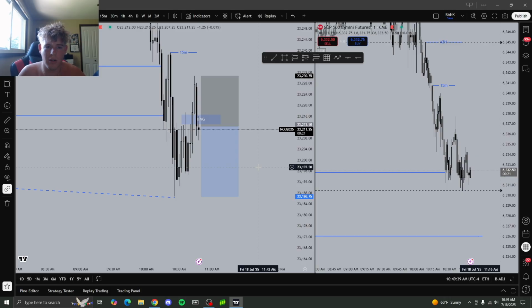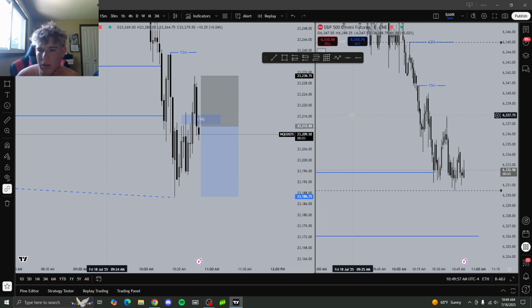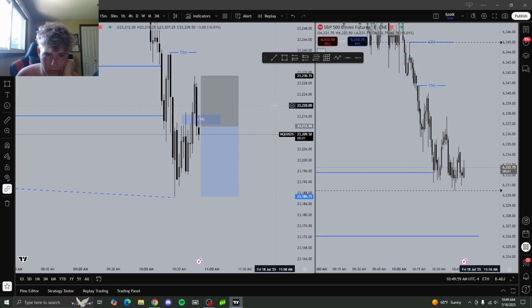Let's see what the macro does. This is actually a good loss in my eyes. I can't even lie. This actually looks really good to trade. I think we should just flush.